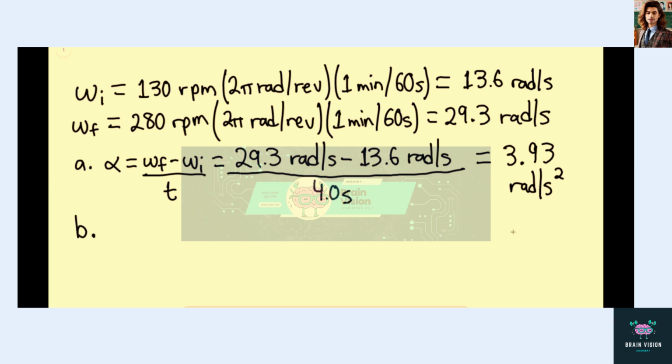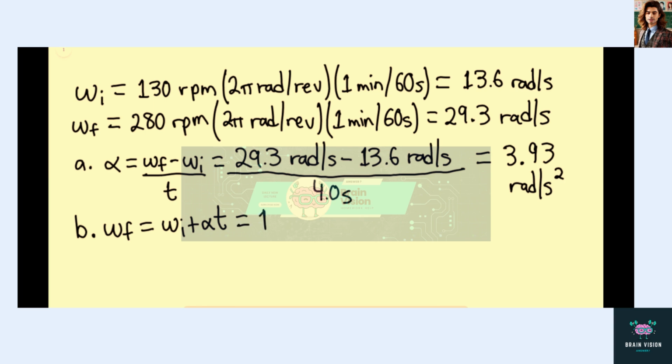For part B, to find the components of the acceleration, we need to find the instantaneous angular velocity. So we can say that omega final would be equal to omega initial plus alpha t, the angular acceleration times time.